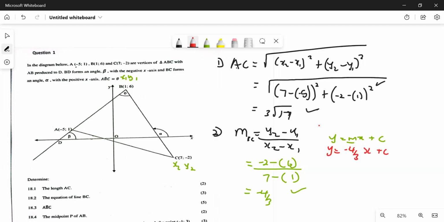After this, we're going to substitute either point B or point C. Let's take point C, which is (7, -2). So we have minus 2 equals minus 4 all over 3, multiplied by 7, plus c. If you do this, you're going to get minus 28 all over 3.